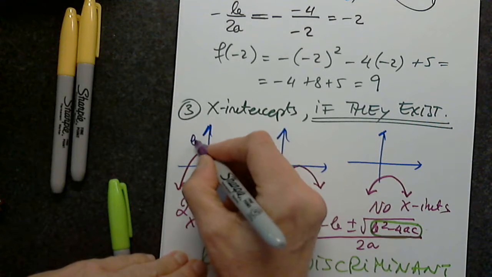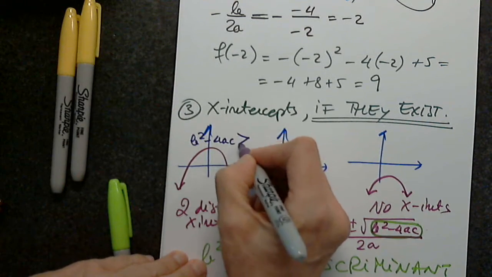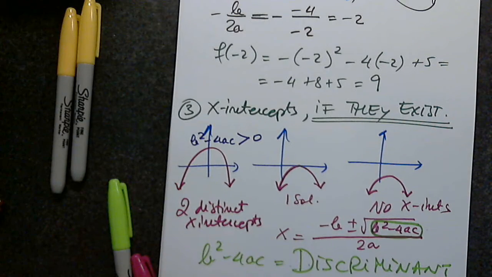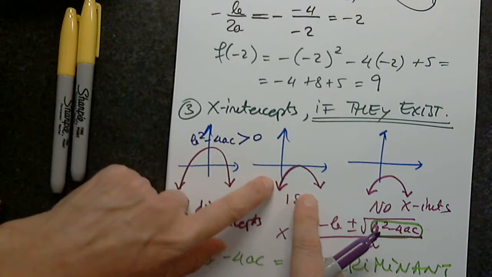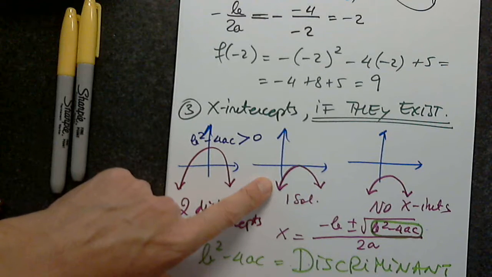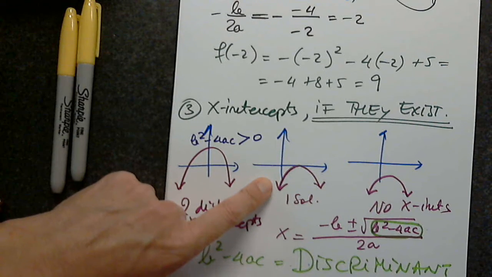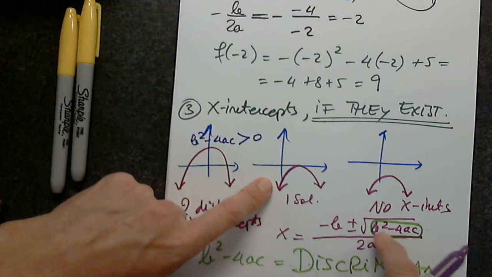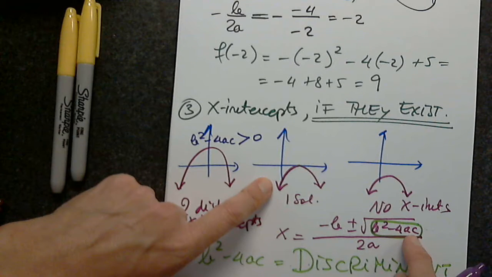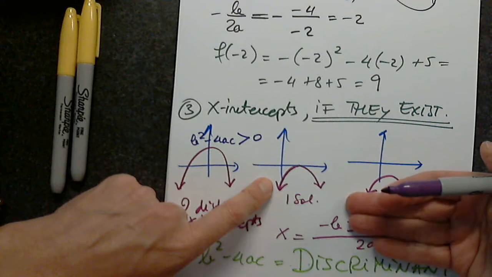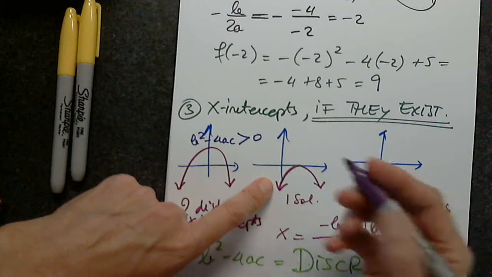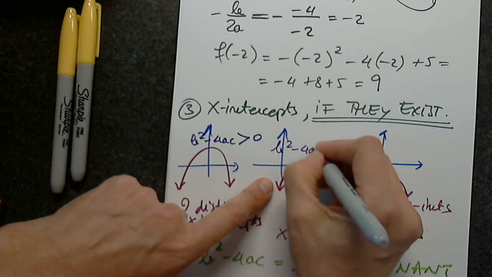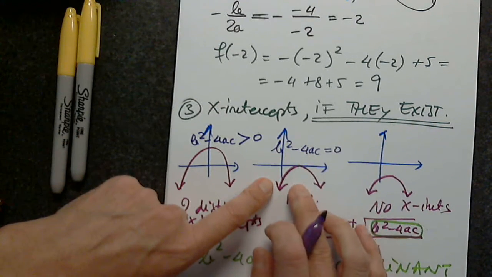So b squared minus 4ac must be positive. What is the option here in which we find two solutions but they are both the same? What should this quantity be? 0, exactly, because there is only one solution. So b squared minus 4ac must be 0 here.